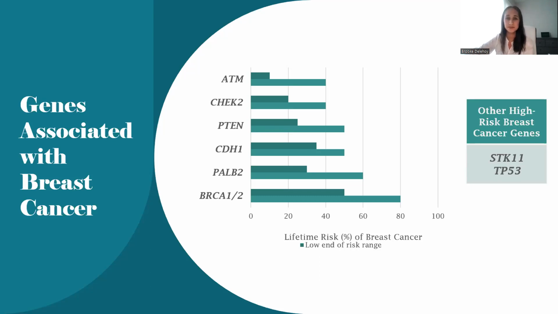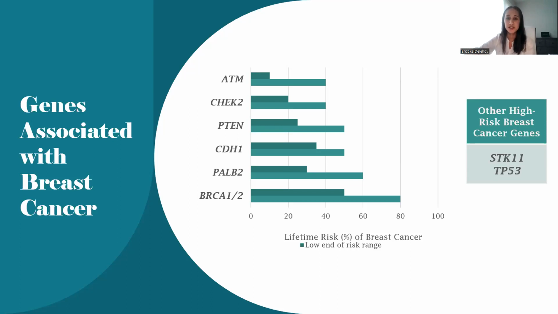Genes like ATM. When I use ATM, I normally think of an ATM machine, like for money, but it's actually the name of another hereditary breast cancer gene. Other genes like CHEK2, PTEN, CDH1, PALB2, again, a slew of letters and numbers, but to genetics professionals like genetic counselors, knowing if a patient is positive for a gene mutation in one of these above mentioned genes can help us determine where they fall in risk category for certain types of cancers.